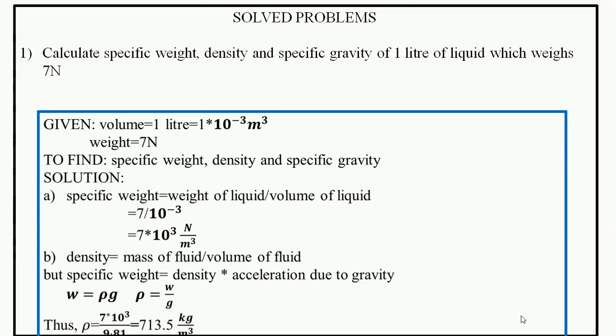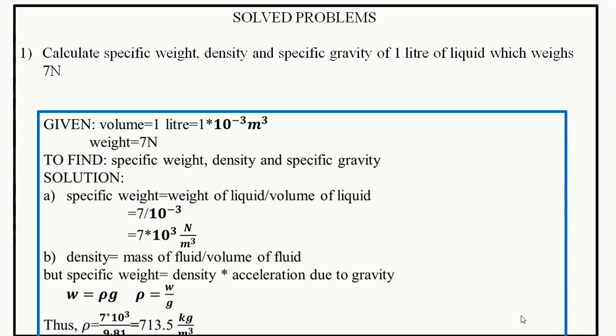So it is the ratio of 7 divided by 10 raised to the power minus 3. So you are getting the specific weight equal to 7 into 10 raised to the power 3 Newton per meter cube. The second property we have to determine is density. Density is equal to the mass of the fluid to the volume of the fluid.